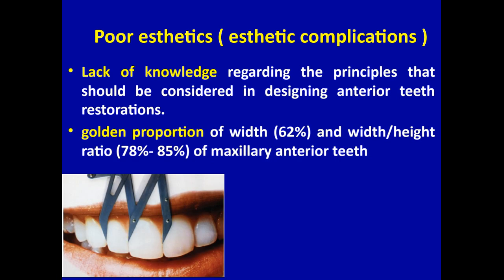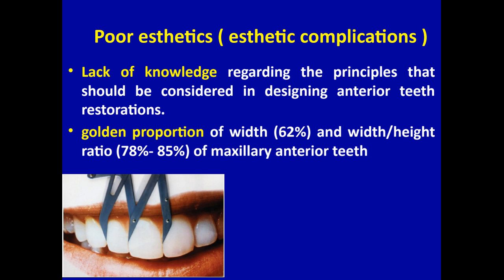Also, there may be a lack of knowledge regarding the principles that should be considered in designing anterior teeth restorations. The dentist and the technician should have knowledge of all the principles that should be considered during the design of anterior teeth crowns and FPD.